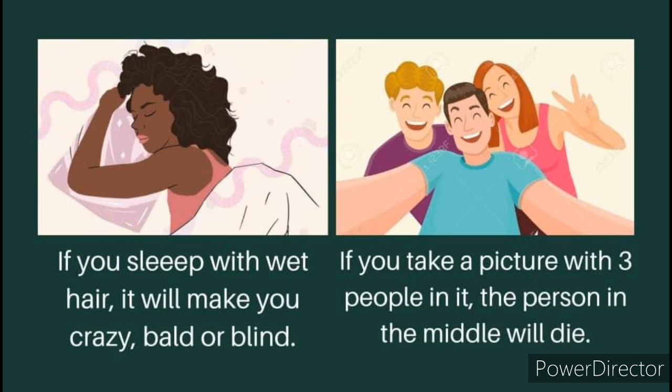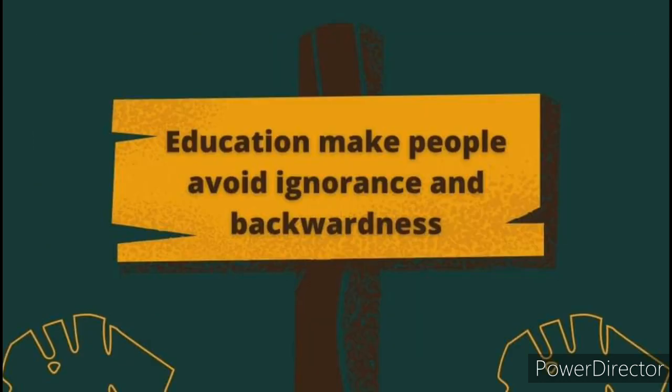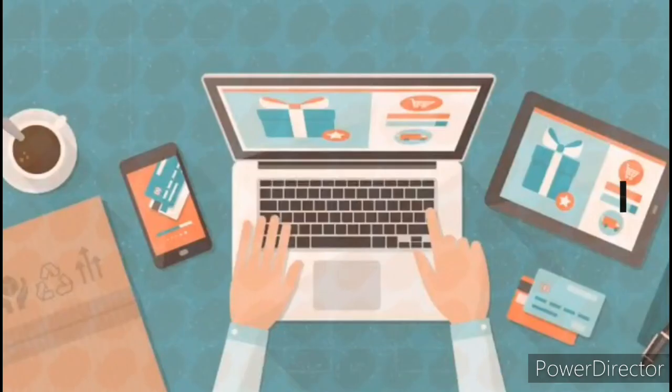Even though it is already part of our lives, wrong superstitions and beliefs should still be corrected to avoid ignorance and backwardness. Education plays an important role because it initiates social change and gives us direction and purpose in life.